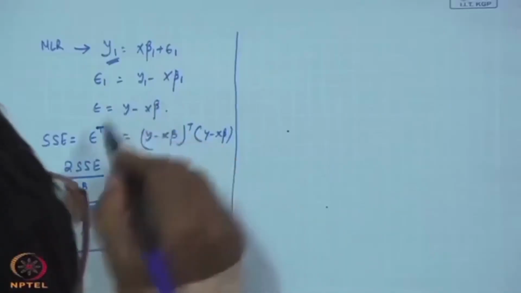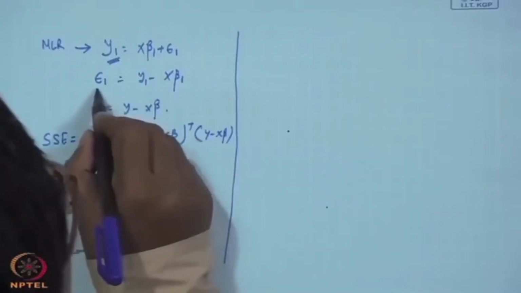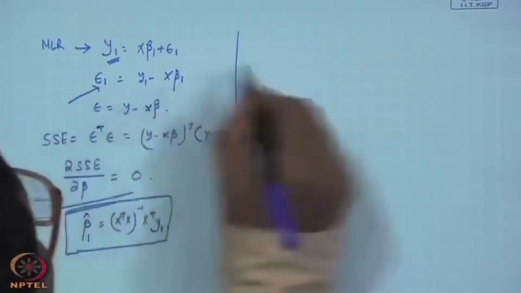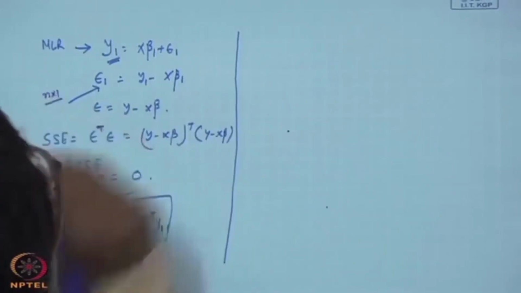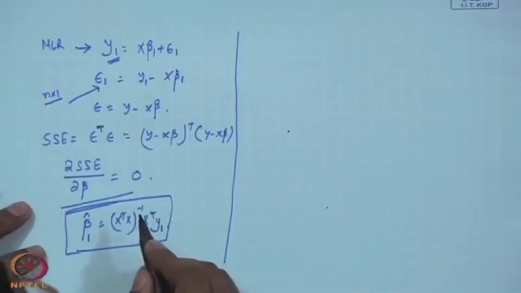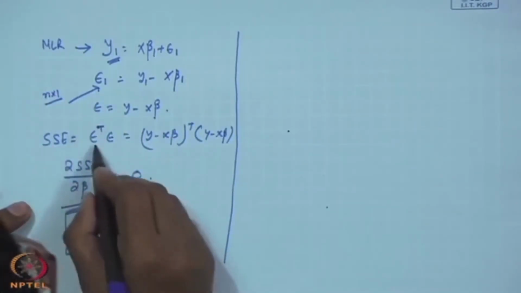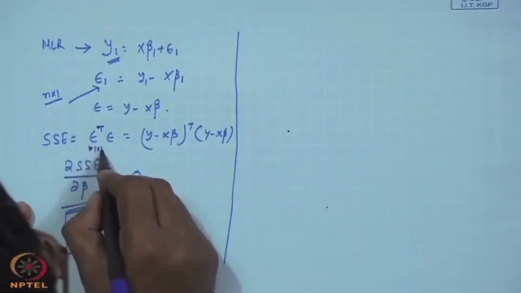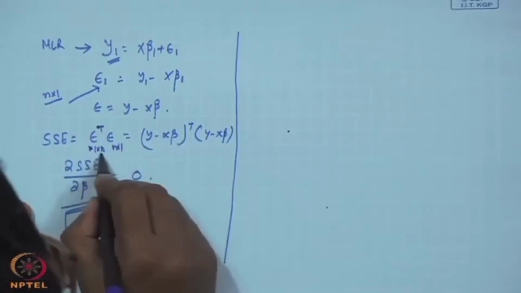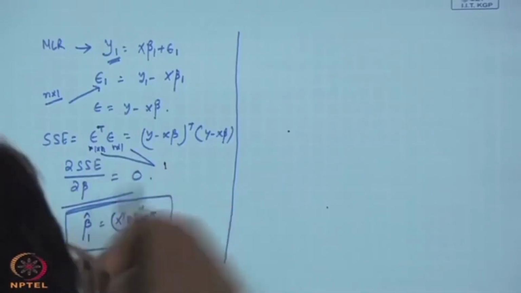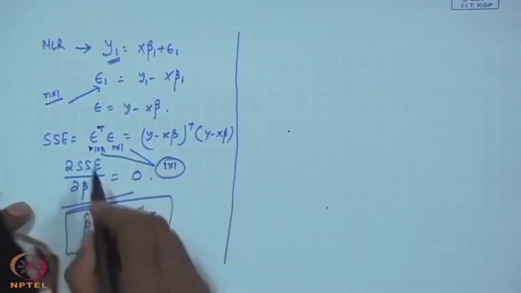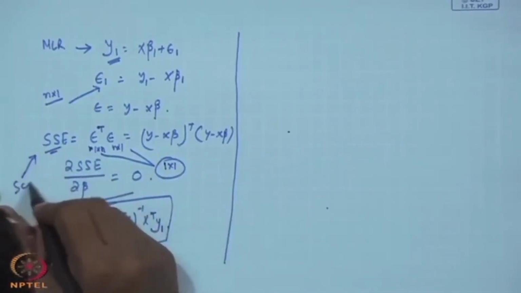So in the same manner, when you have collected n data points, this one is n into 1, and ultimately SSE is 1 into 1. So it is a scalar quantity.